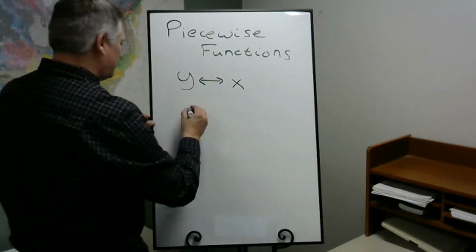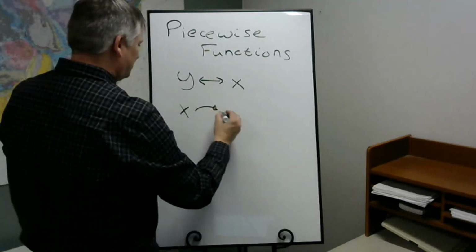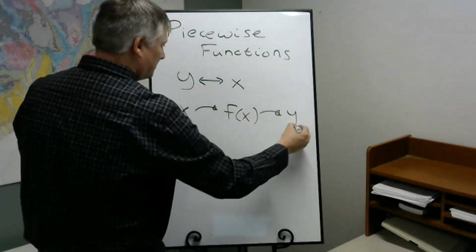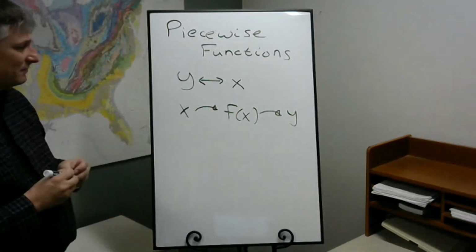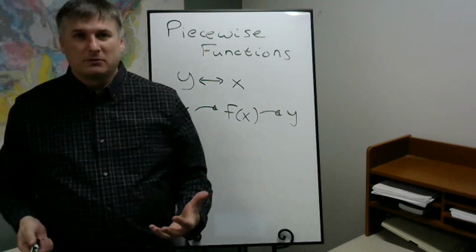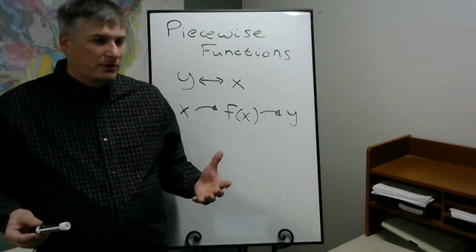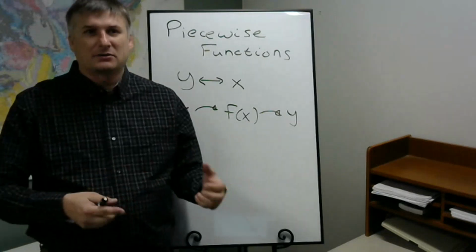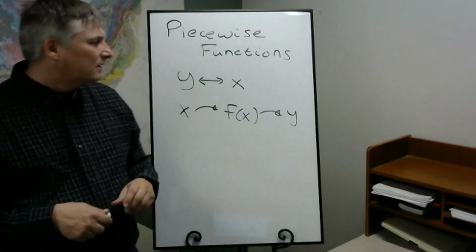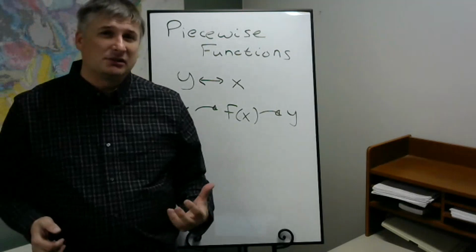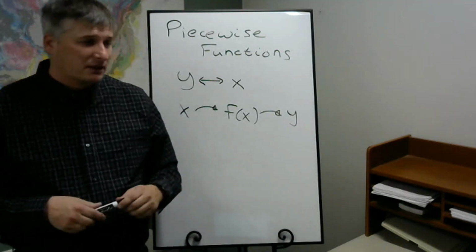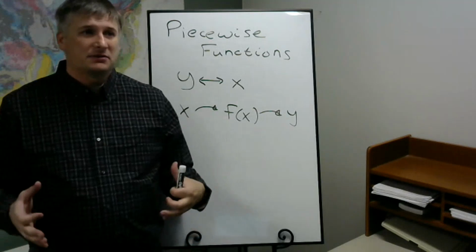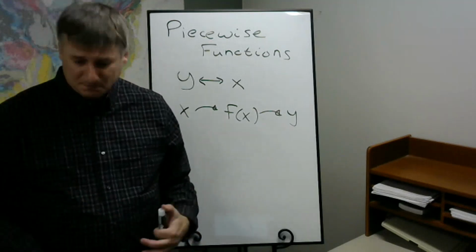And usually this relationship is determined by some function f of x. When we usually work with functions, often in calculus, we're dealing with one relationship. There's some f of x where we put in inputs x and it kicks out outputs y. But sometimes this relationship could suddenly change. And to accommodate that possibility, we have this technique called piecewise functions.